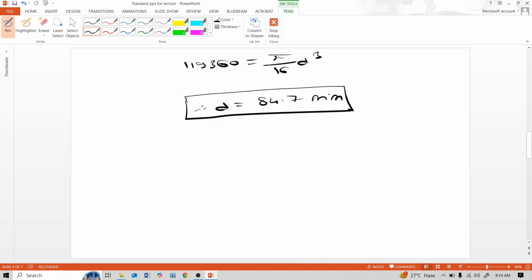Now the next case is to find diameter based on angle of twist.